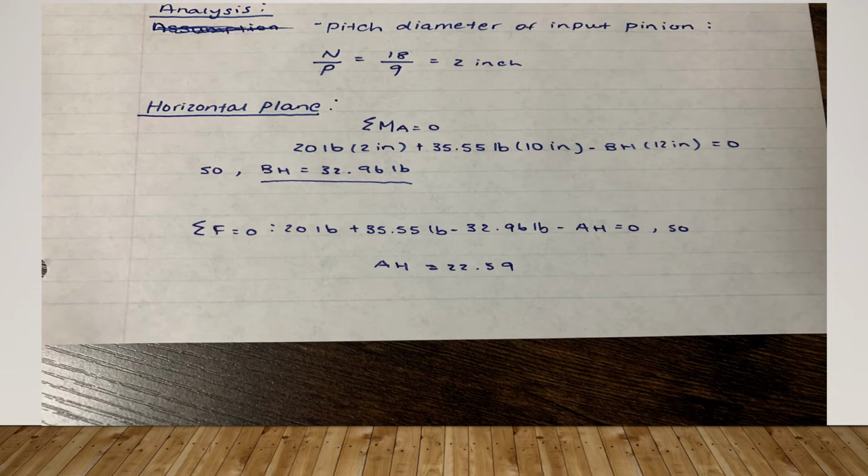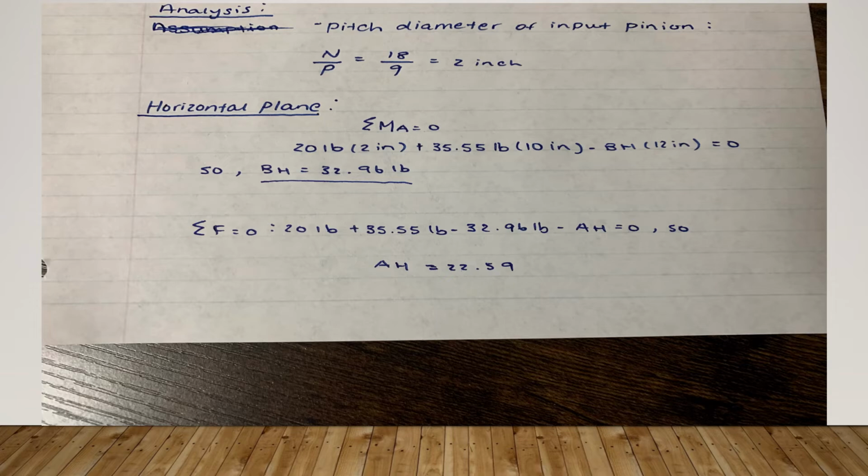The next step to solving this problem would be calculating the planes. So we need to do both the vertical plane and the horizontal plane, but we're going to start off with the horizontal plane. So sigma MA is equal to 0.